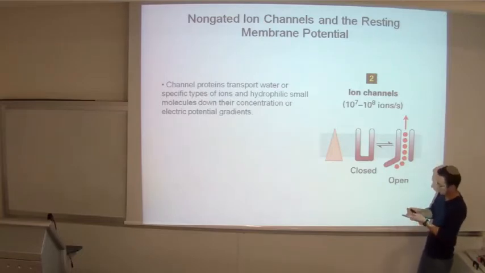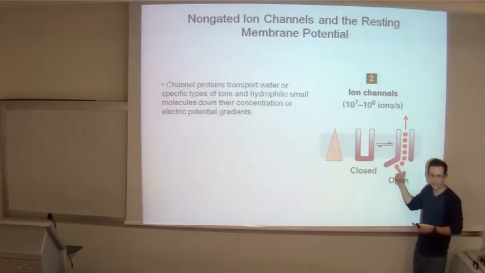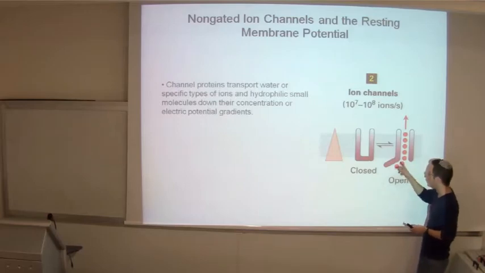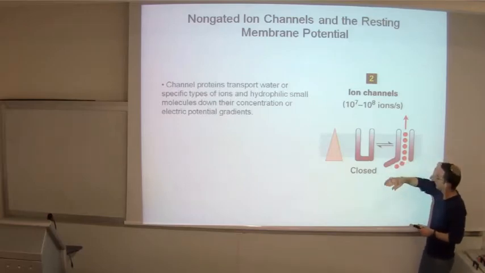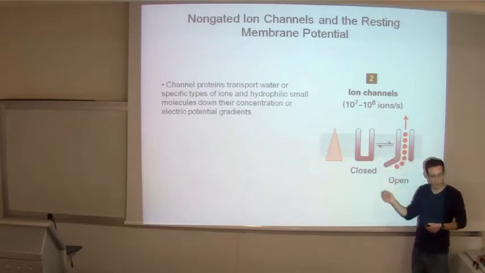Okay, so now we are discussing non-gated passive channels, and here we're looking at a channel with a gate. I just didn't have a graph for a channel without a gate, but non-gated channels are just channels that do not have any gate component. So as long as they are there in the plasma membrane, they transport ions.